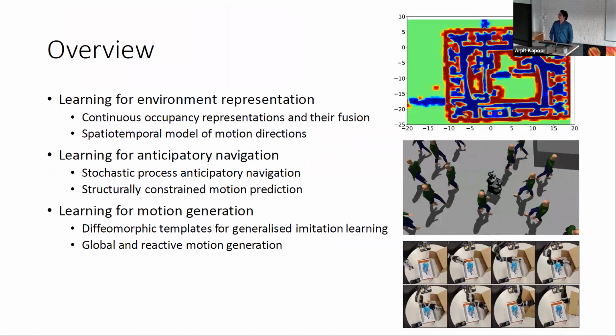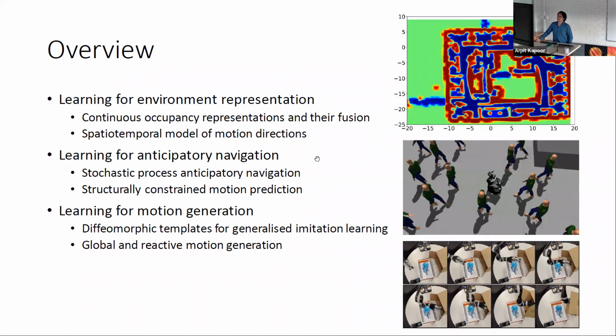So I usually give talks on specific problems and methods, but this time I've decided to just give an overview of some of the stuff that I've done, and I'm going to talk about two specific contributions in each of these areas.